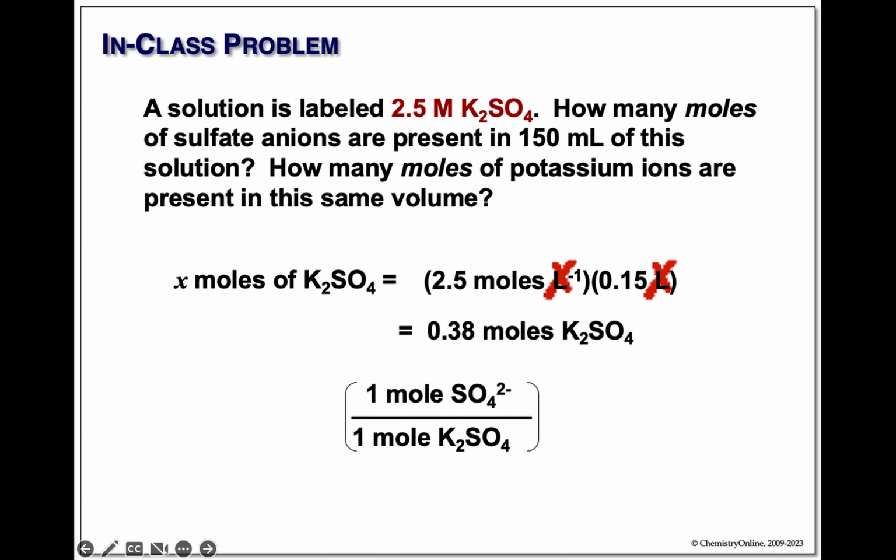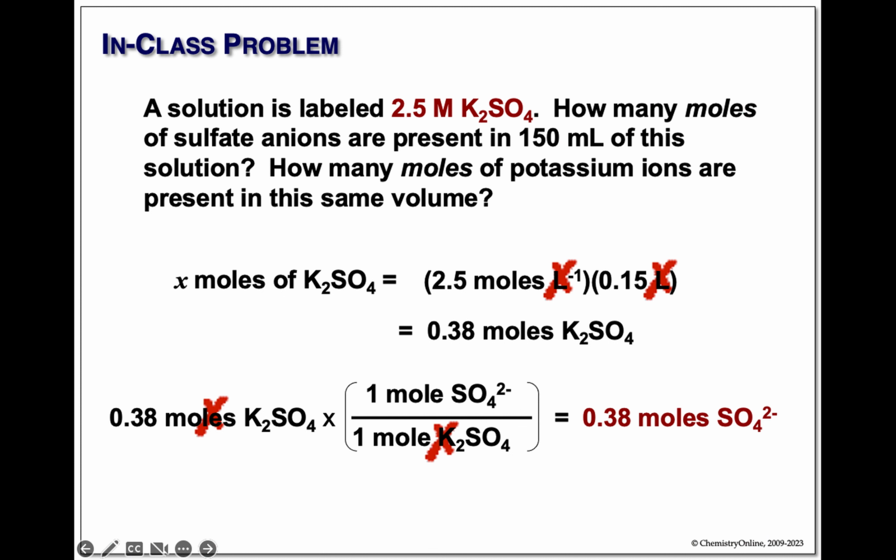So we're going to multiply this ratio by our number of moles. And when we do that, moles of potassium sulfate cancel. We have 0.38 moles of sulfate. So the same number, 1 to 1.